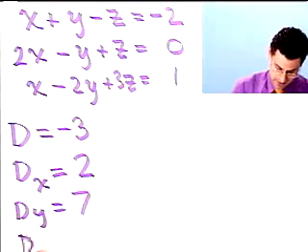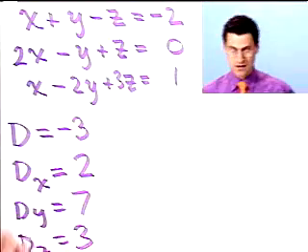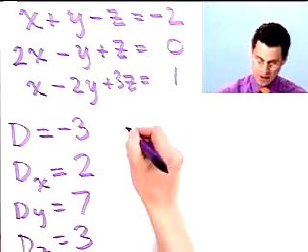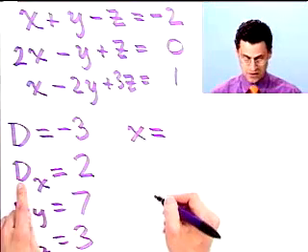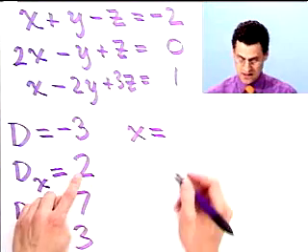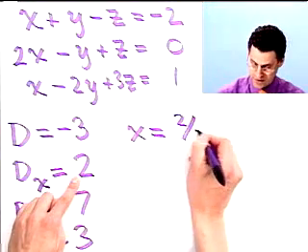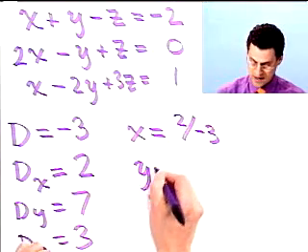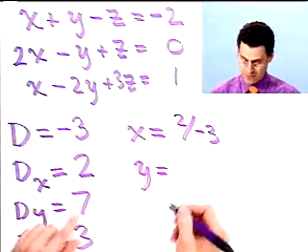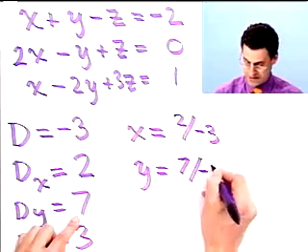So dz equals 3. So what's the solution to the system? Well, x will just equal dx over d, so that's going to be 2 over negative 3. Y is going to be dy over d, which is going to be 7 over negative 3.